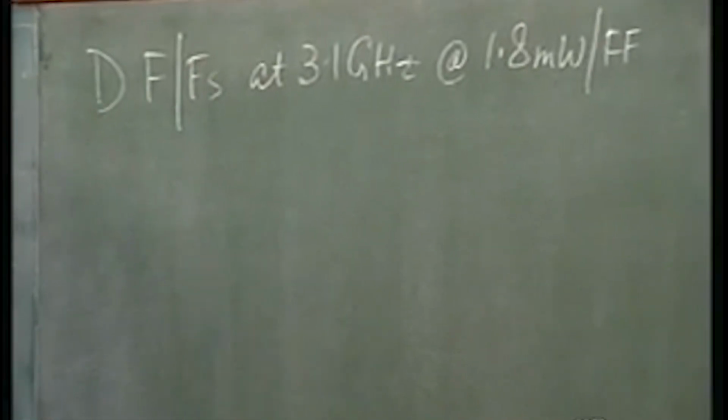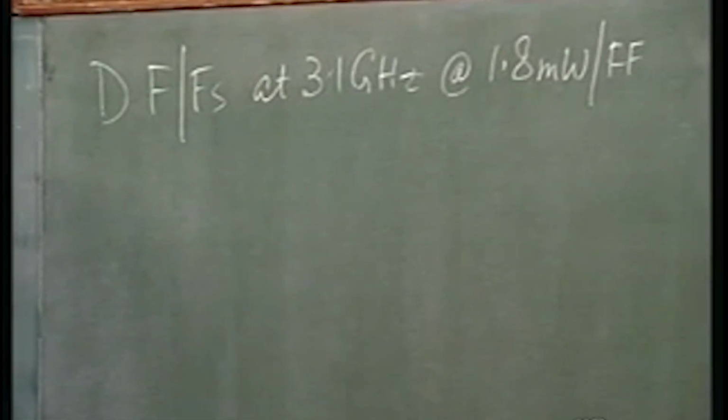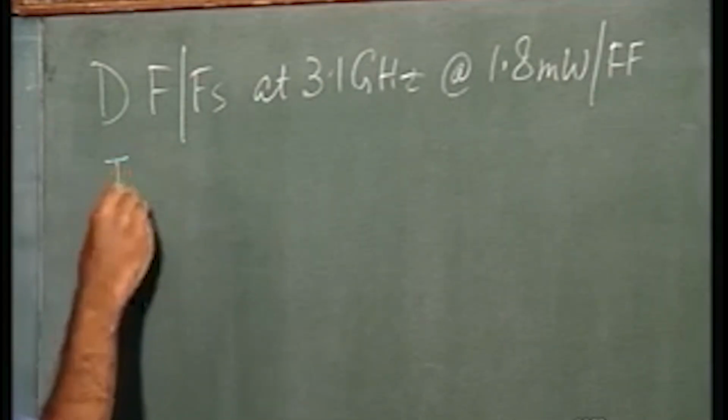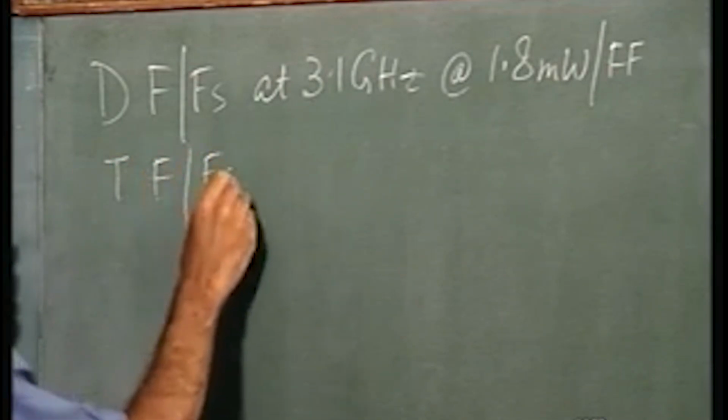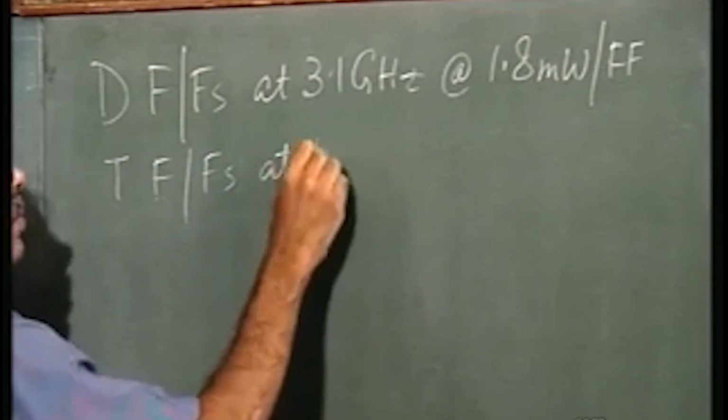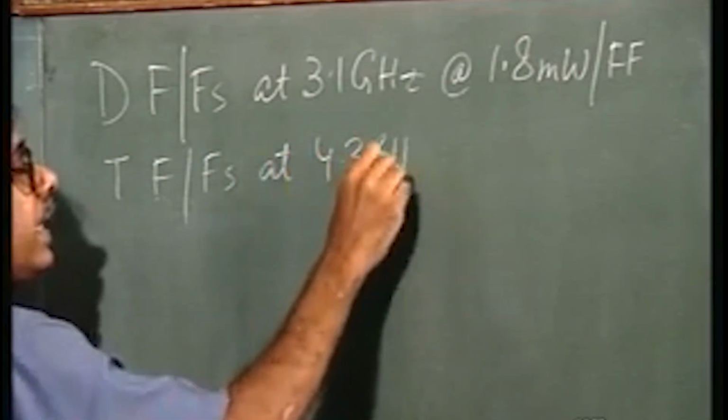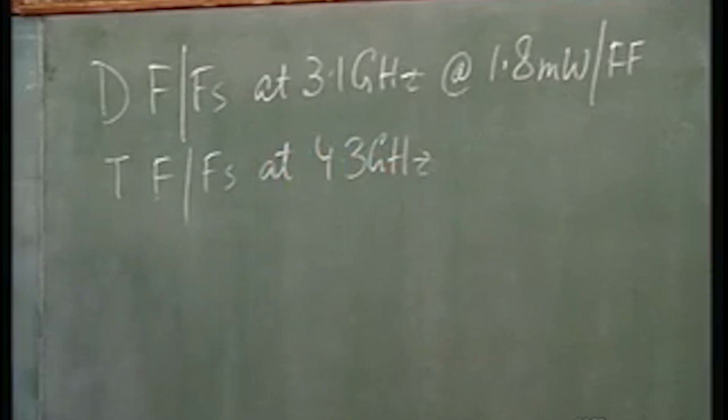So, that is the level of power, only 1.8 milliwatt per flip flop, and also they have fabricated T flip flops operating at 4.3 gigahertz, and they claim that this is the lowest power dissipation for any gigahertz family. All right.